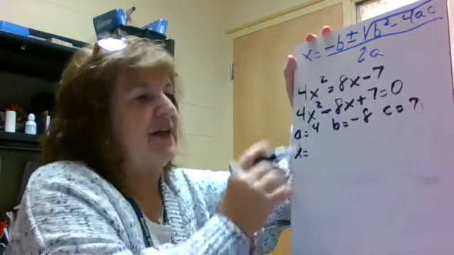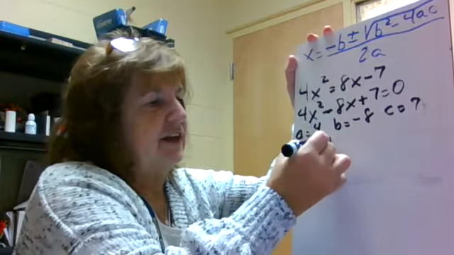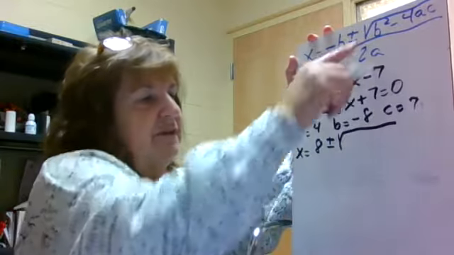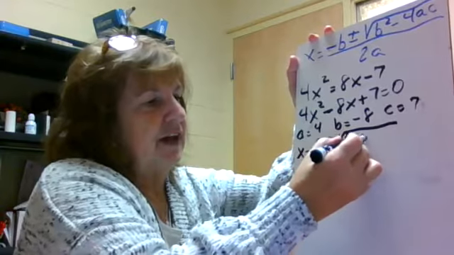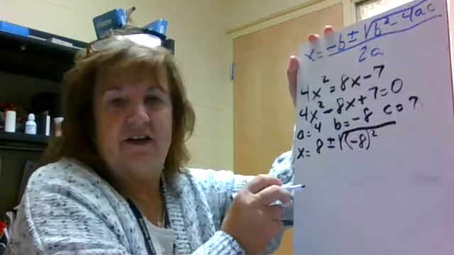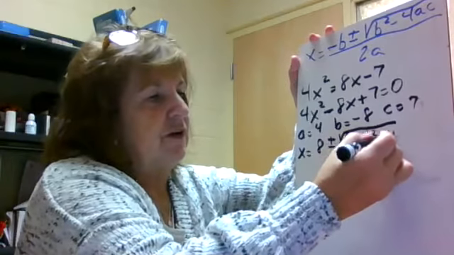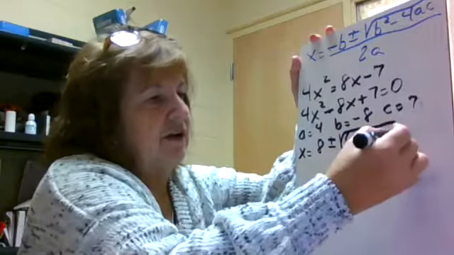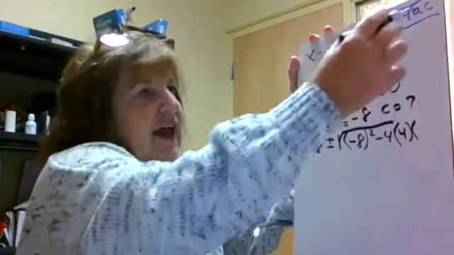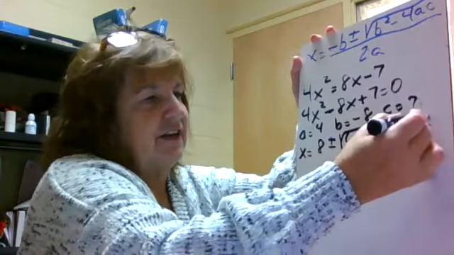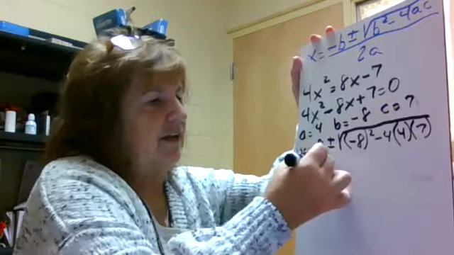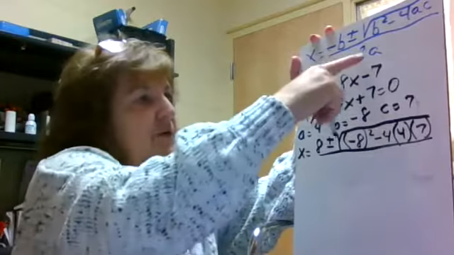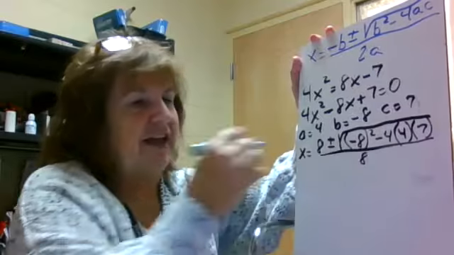The opposite of the B number is 8, plus or minus the B number, -8 squared, minus 4 times A, which is 4, and C is 7, all over 2A. Well, 2 times 4 is 8.